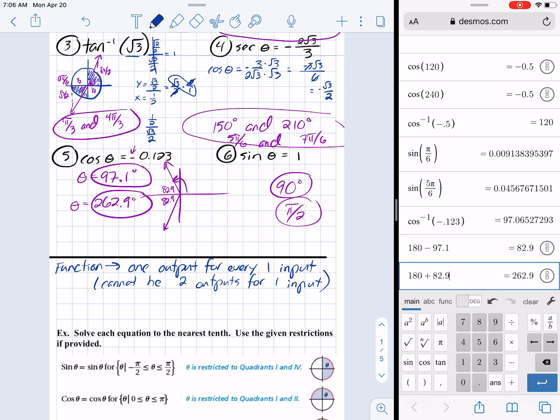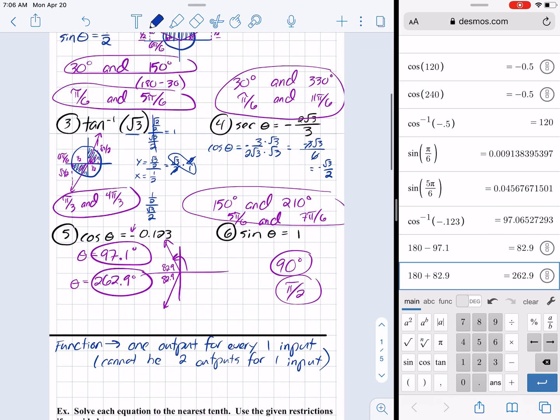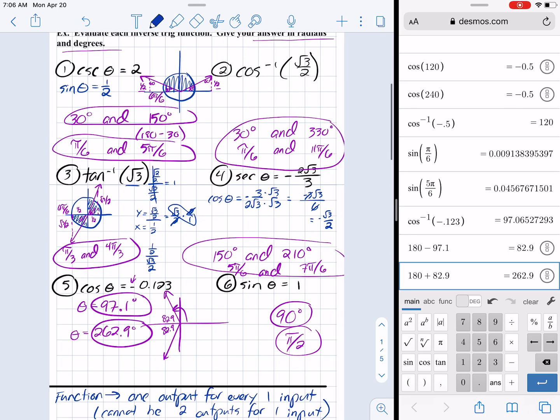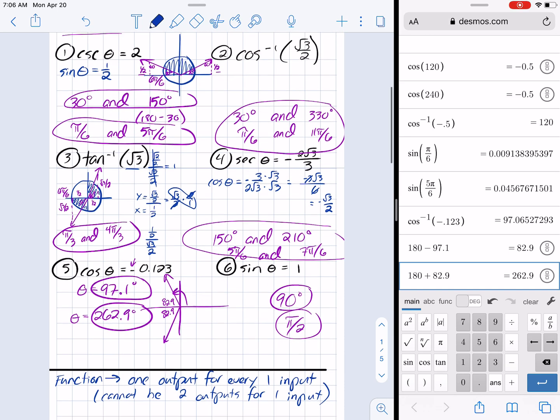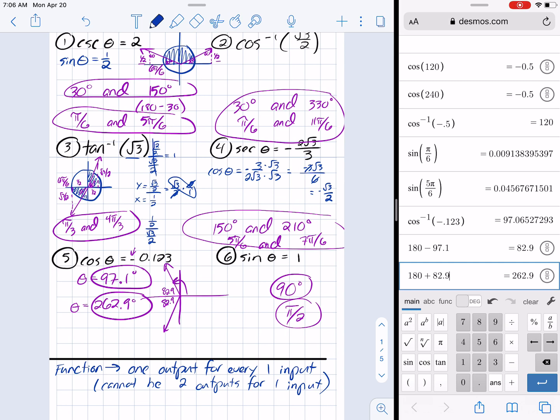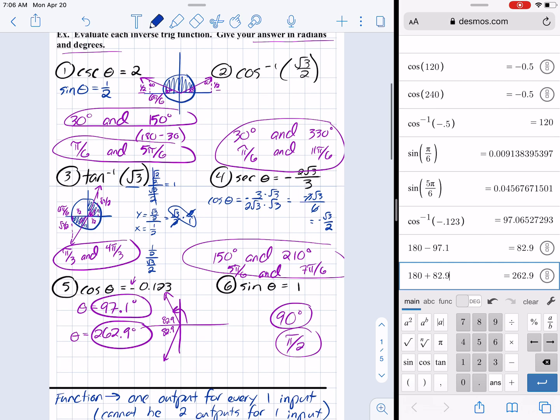Well, there's a problem with that statement in our definition of a function, numbers 1 through 6. Hopefully you guys notice we keep getting two answers for all of these one inputs. Remember, these inputs now are the trig ratios. Trig ratio 2, trig ratio of negative 2 root 3 over 3.